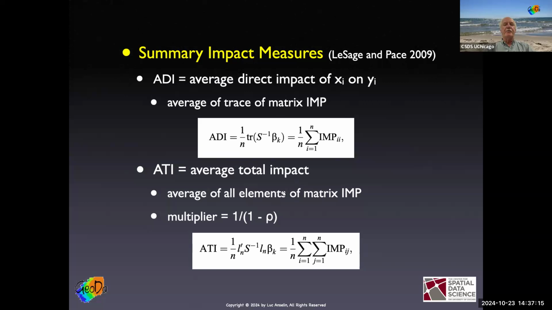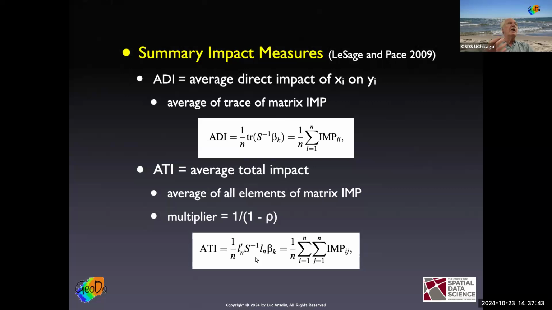The multiplier is always 1 over 1 minus rho. So this looks a little bit more complicated, but it's basically a row vector of ones and a column vector of ones. If you work out the matrix algebra, this is nothing but summing all the elements in the matrix and then taking the average.